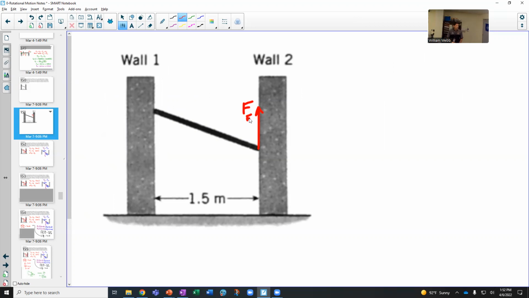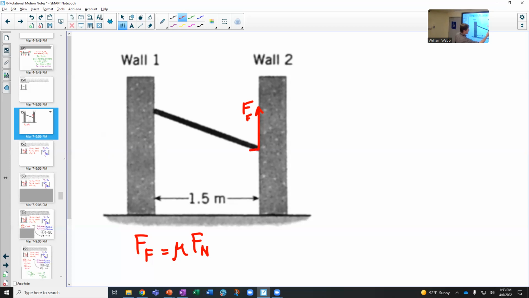All right, there's one force. What else? We're going to want to know the normal force and the gravitational force. Good. One reason we need the normal force is that the friction force is the coefficient times the normal force. So we're going to need the normal force.